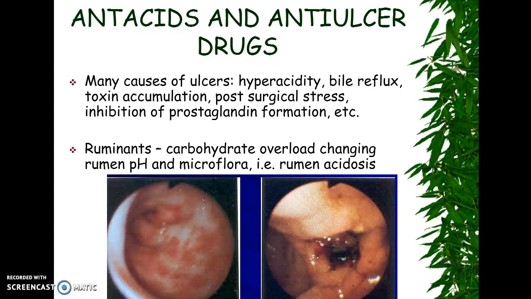So ulcers, we've talked about a couple of ways that we can induce ulcers in the previous chapter in anti-inflammatories. So both steroids and NSAIDs act to modify the formation of prostaglandins that are protective to the stomach.